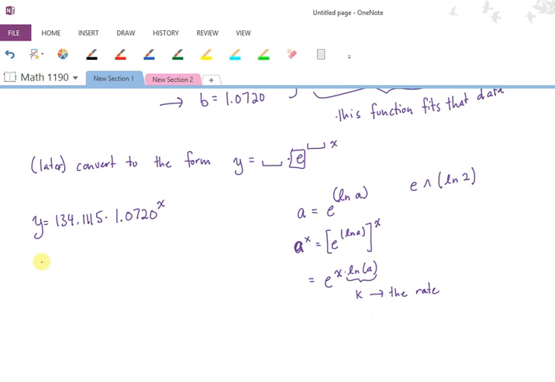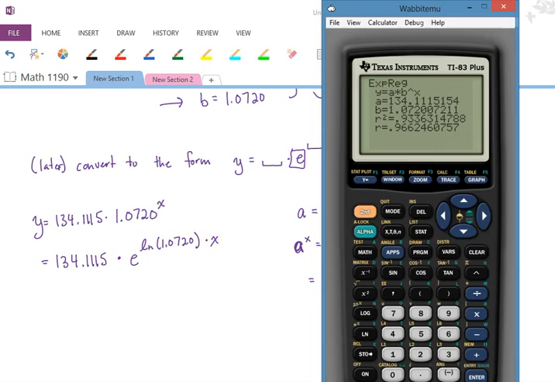This is going to become 134.1115 times e to the natural log of 1.0720 times x. So the natural log of 1.0720 is 0.0695.